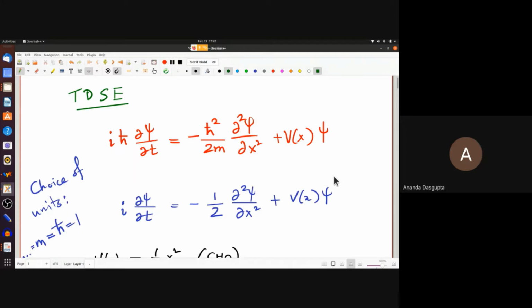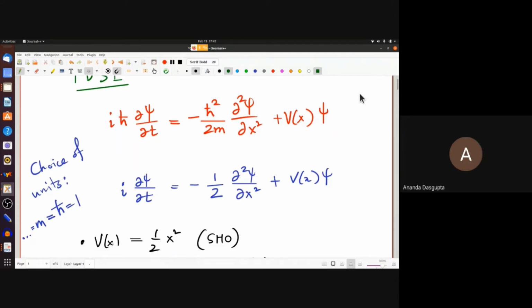Okay? And as was already mentioned, unit choice is very important. Actually, the real problem is h cross and m, these are tiny numbers in normal units. And they are very bad things to put in a computer. If you put in very tiny numbers alongside very large numbers, there's always a chance of round-off errors becoming very huge.